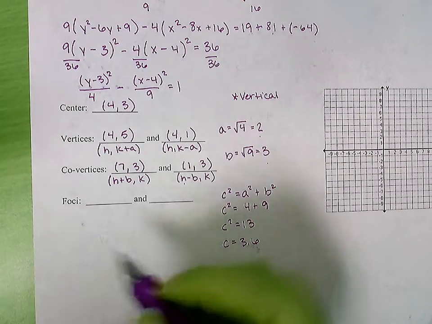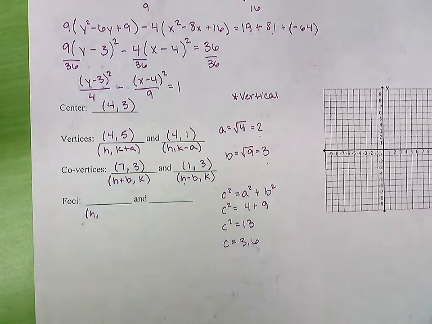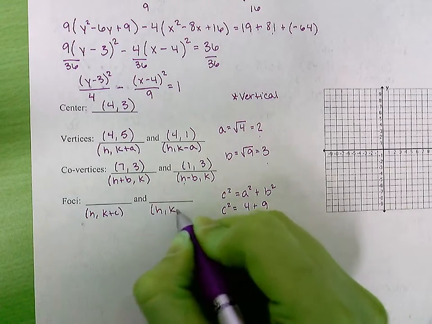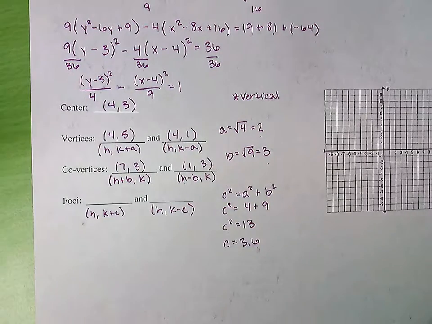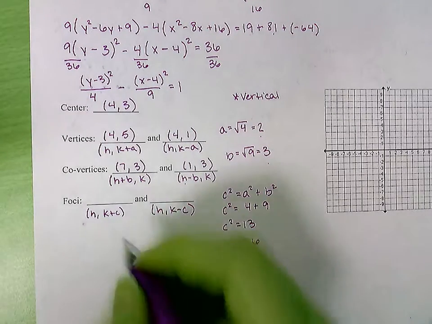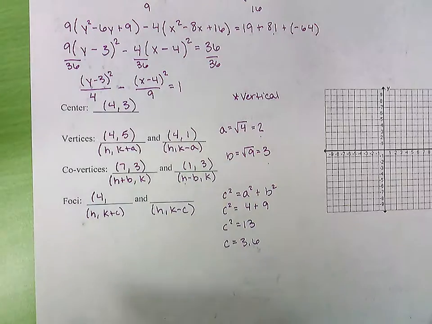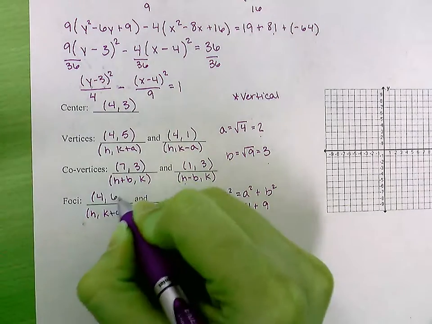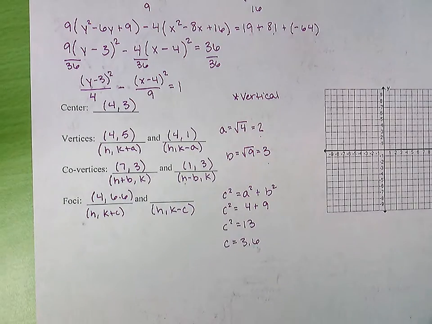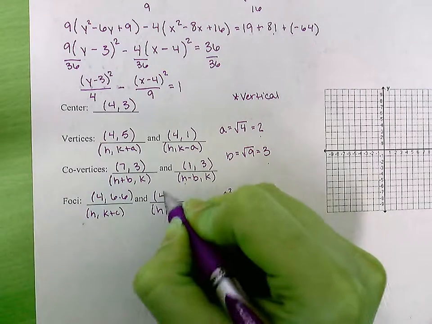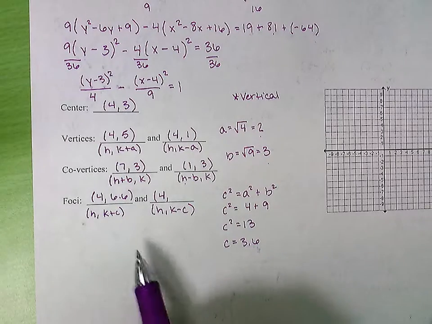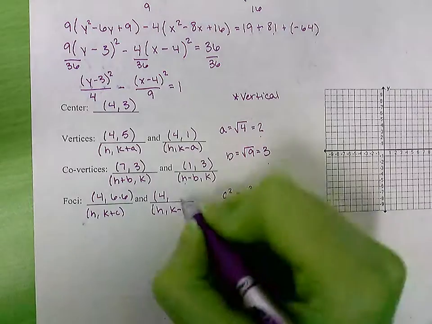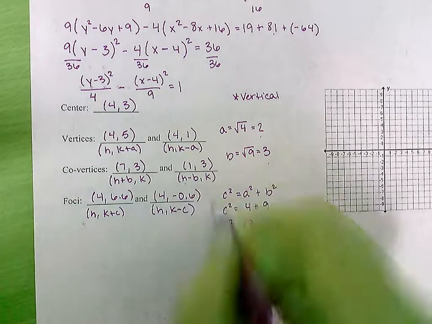And our foci points are at h, k plus c, and h, k minus c. So our h value is 4, k is 3 plus 3.6 is 6.6. Okay, then we have 4 for h. Again, our k value is 3 minus 3.6, so negative 0.6.